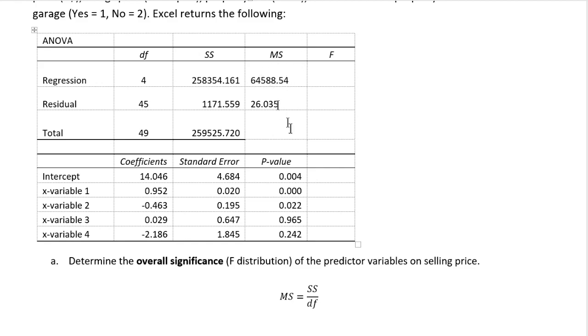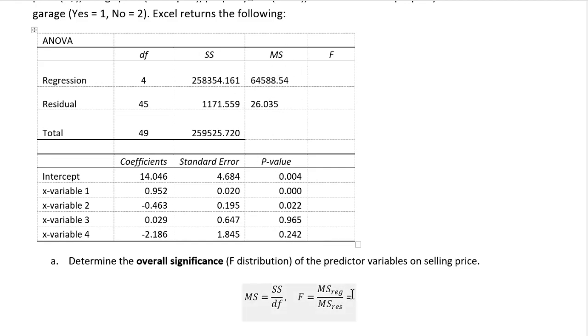Once you have the MS, the next thing you have to do is calculate the F statistic, and this is the ratio of the two MS. I guess the top one is the MS of the regression, and the bottom will be the MS of the residual. But you don't have to remember this formula, just remember it as this over this, okay? That's easier to remember from this table.